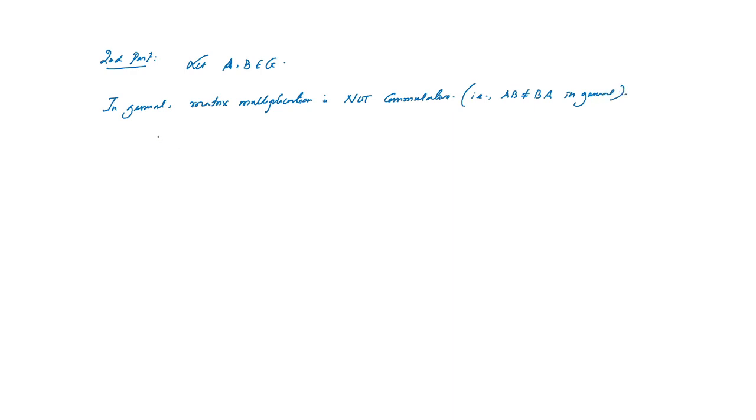From that, we can choose two orthogonal matrices which do not commute. You can check by taking two examples of orthogonal matrices. So AB is not equal to BA for A, B belonging to G.